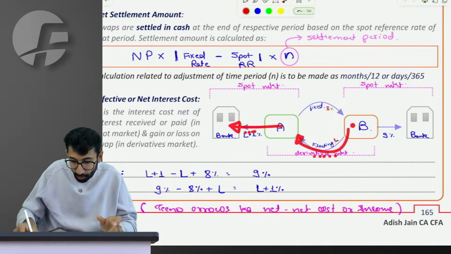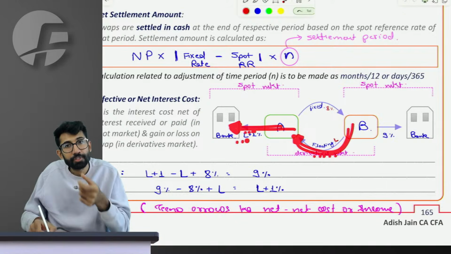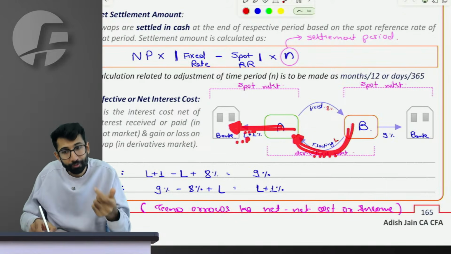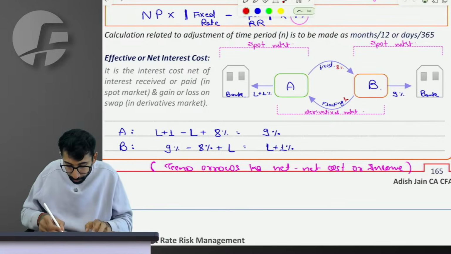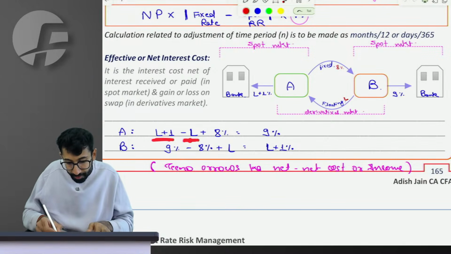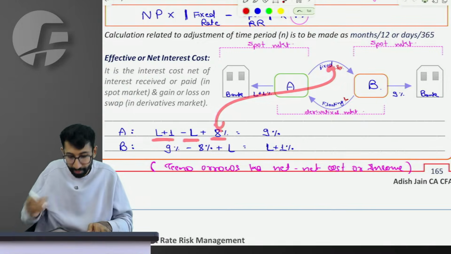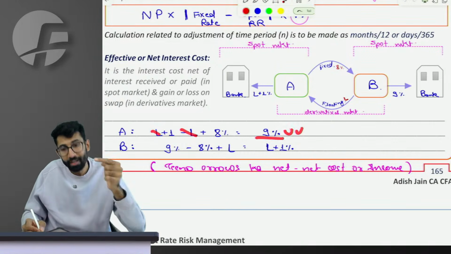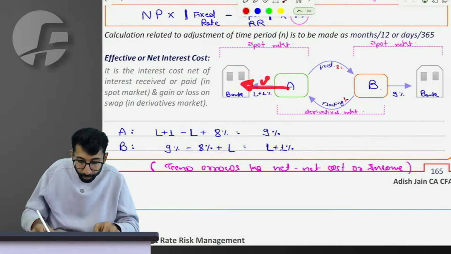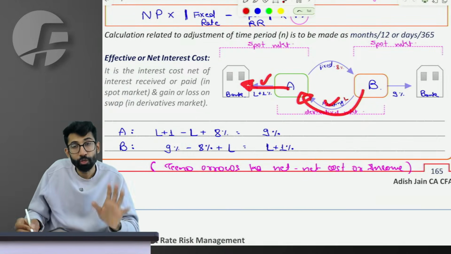What is the logic? Floating you receive, floating you pay, automatically your position gets cancelled, you are kind of hedged, you will net end up paying fixed. You pay L+1. When you receive LIBOR and pay 8% fixed under the contract, net you end up paying 9%. Which means if the market LIBOR increases, you pay higher rate, you receive higher rate, no worry.